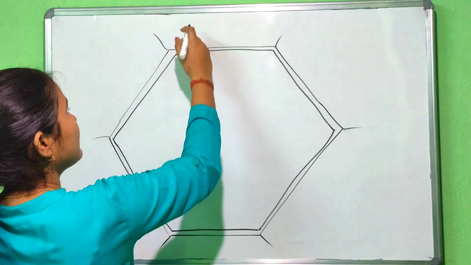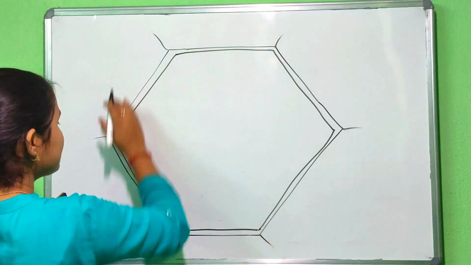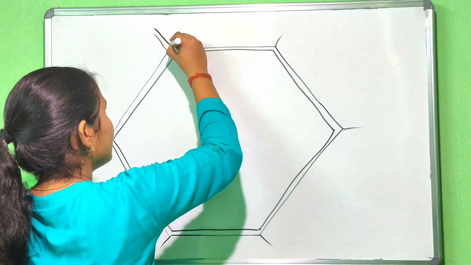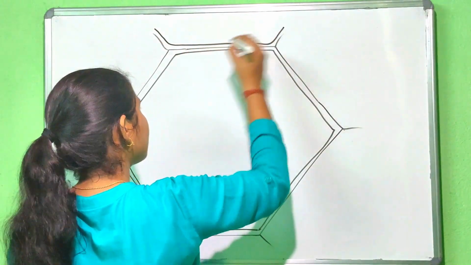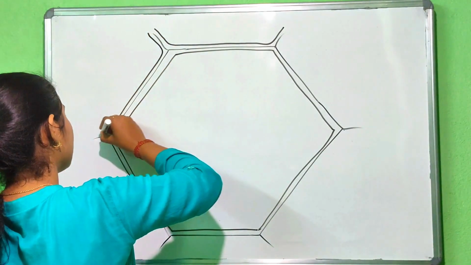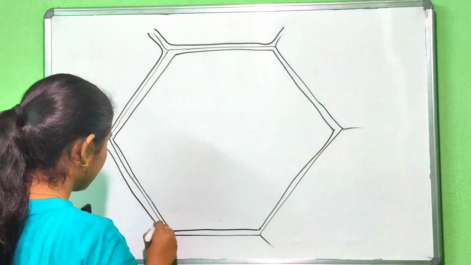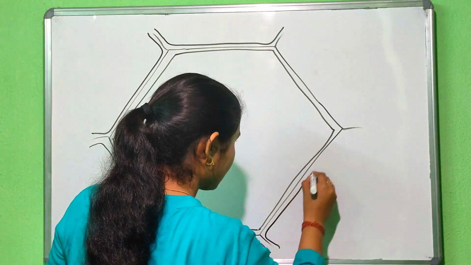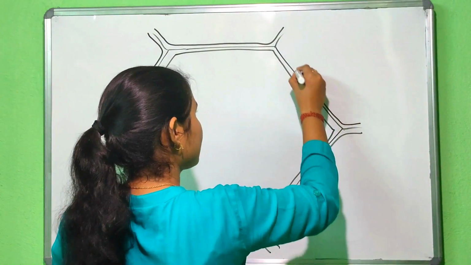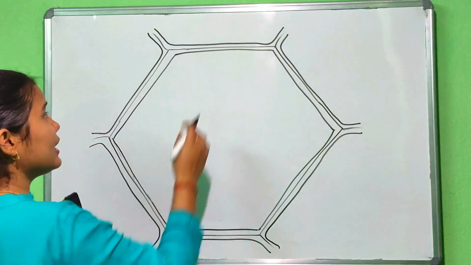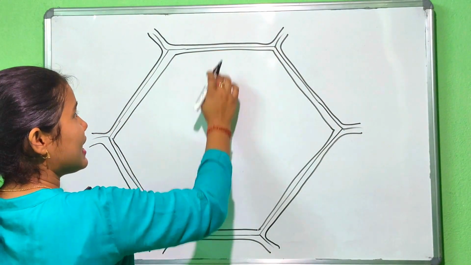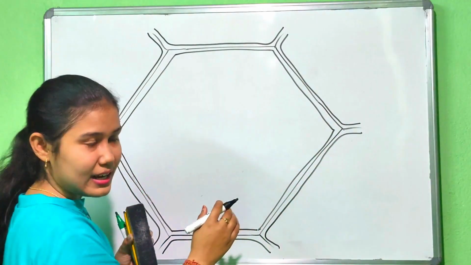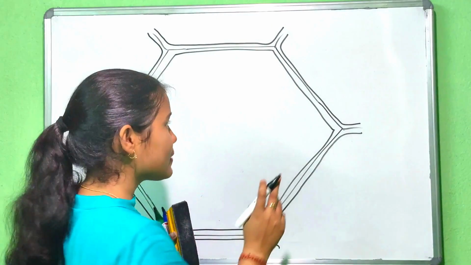Okay. Now this is the adjacent cell wall. This is the adjacent cell. So this is the membrane of the neighboring cells. Then this cell and the neighboring cell are connected by the plasmodesmata.